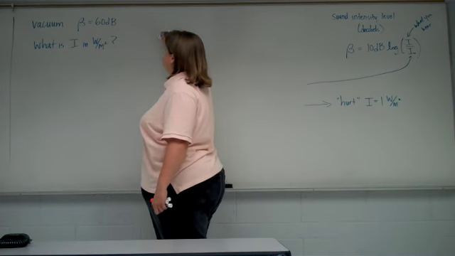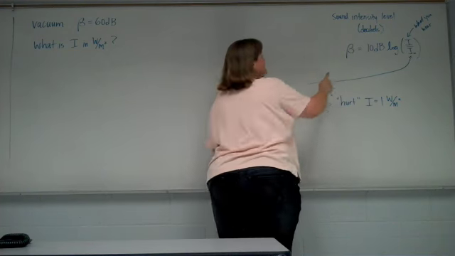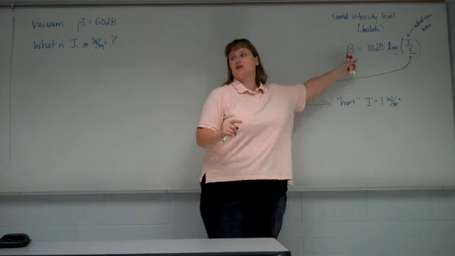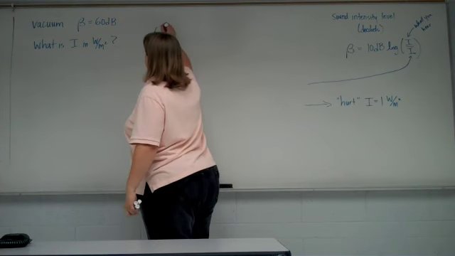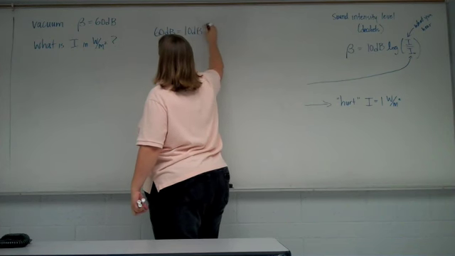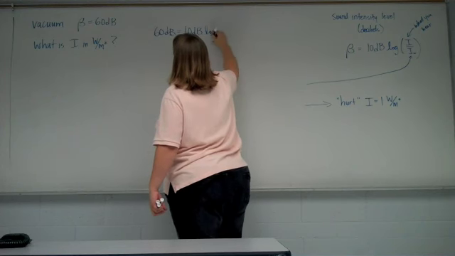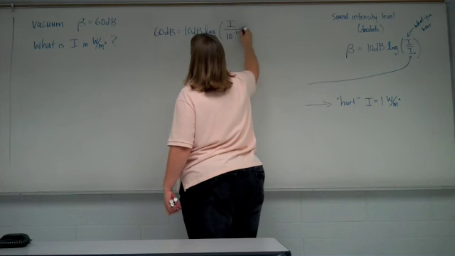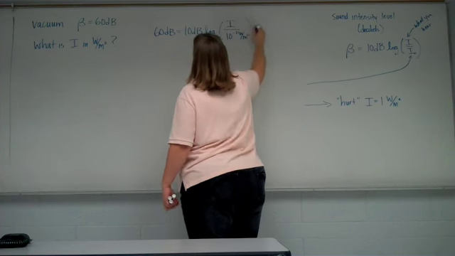Well, our equation, beta, this is the sound level in decibels that we're hearing. So 60 decibels goes right there. So 60 decibels is equal to the 10 decibels log base 10 of whatever the intensity is over 10 to the negative 12 watts per meter squared.